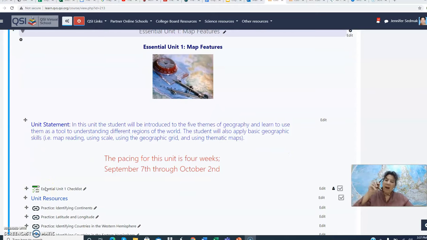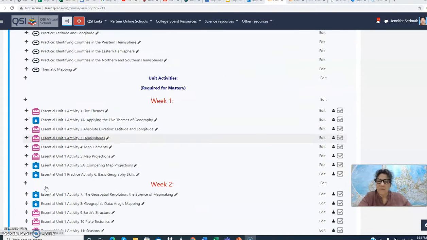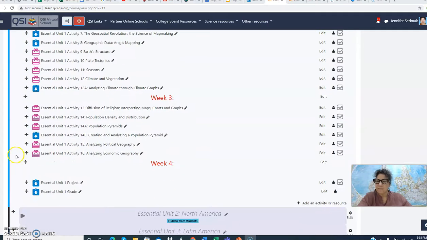So in Essential Unit 1, we really studied some basic geographic features with the 5 themes in week 1 and learning how modern maps are made in week 2, even moving further into how the Earth is structured and how climate and vegetation are impacted by the structure of the Earth.